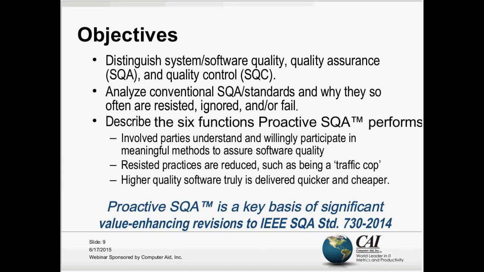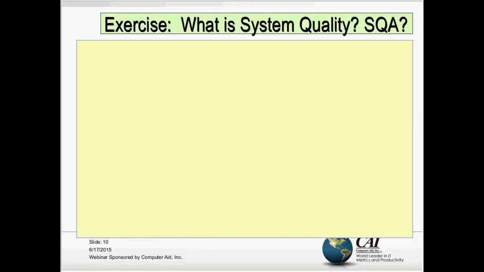The standard is a big change from its predecessor, which was one of the first, if not the first, IEEE standards that pertained to software development. And the 2014 version is night and day different, and it has a lot of influence from the ideas that I'll be describing.